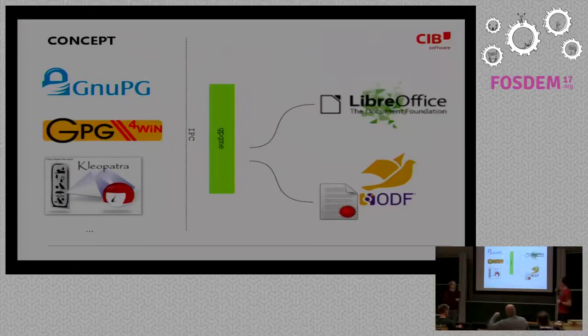So in the end, what should happen is that LibreOffice is able to sign documents with your private key and encrypt documents for recipients that you have the public key for. So you find it on a key server and you're able to encrypt the document for that recipient.